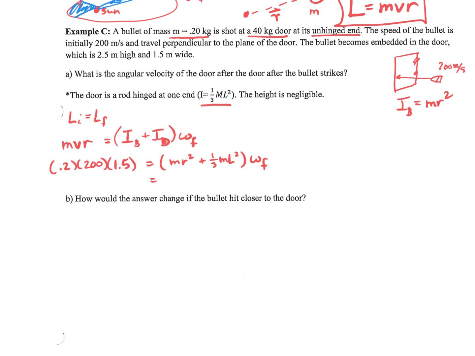So let's figure out what that is. Mass of the bullet is 0.2. Radius of the bullet, of course, is 1.5 squared. Plus 1/3 the mass of the door, 40, times the length of the door, same thing, which is 1.5 squared. Because we're looking at the distance, the length this way. We don't care about how tall it is. We're just looking for this, our L. All right? So, times omega final.